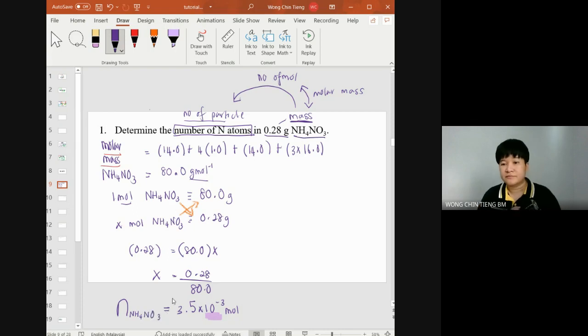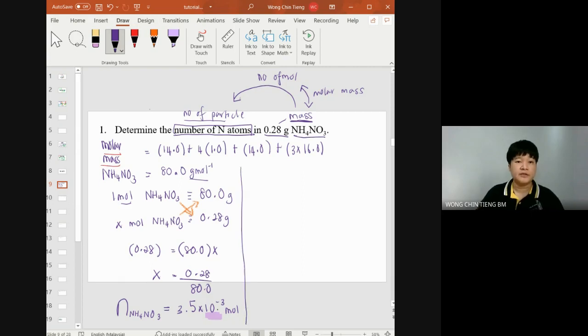That is the symbol of number of mole. Okay? Ni cara paling senang. Tak payah tulis ayat panjang-panjang. Make sure you label every value. And then you get the number of mole already. We are already here. We get the molar mass. We get the number of mole. So right now, I have number of mole. I want to go to number of particles.